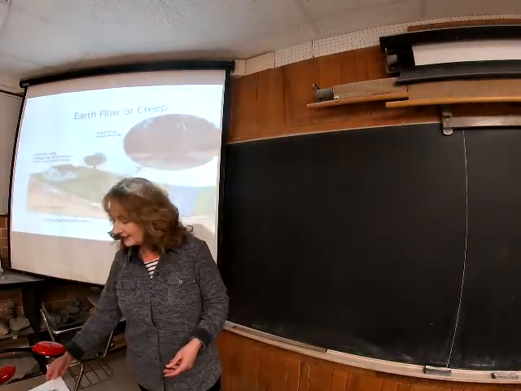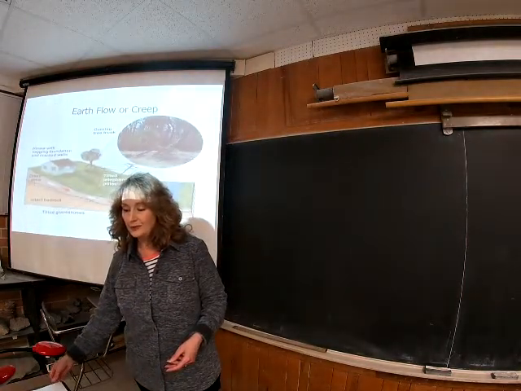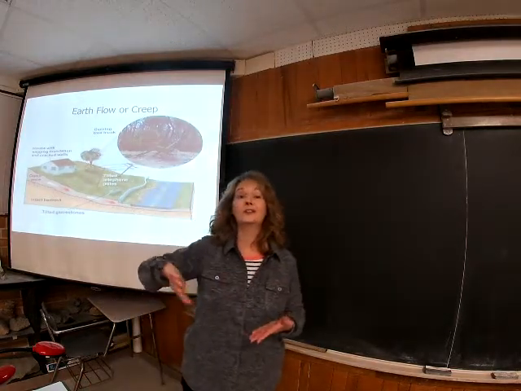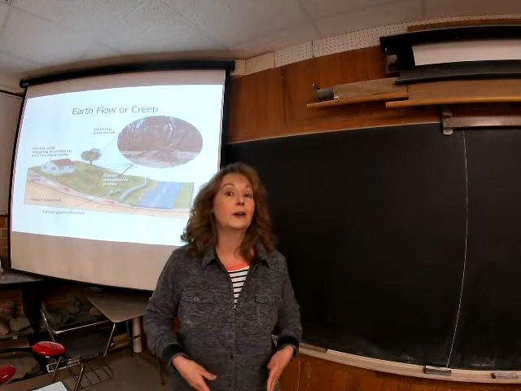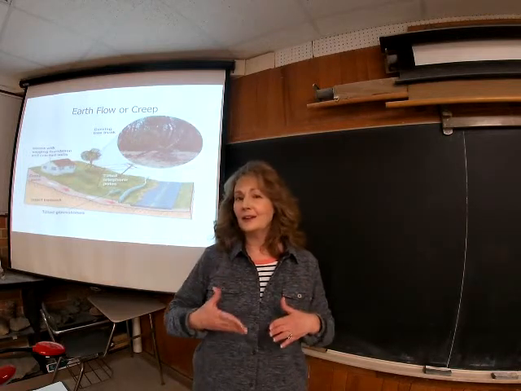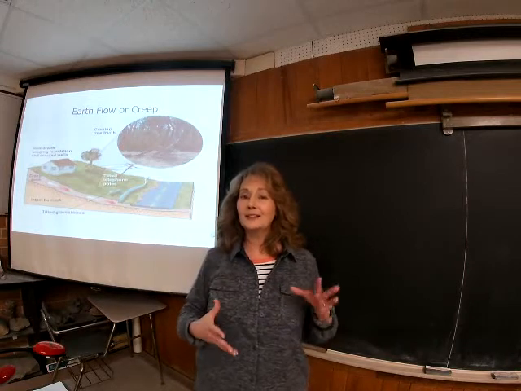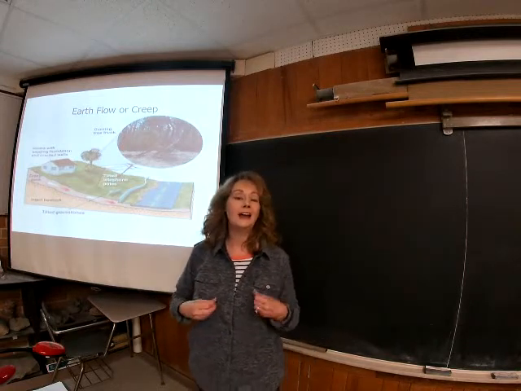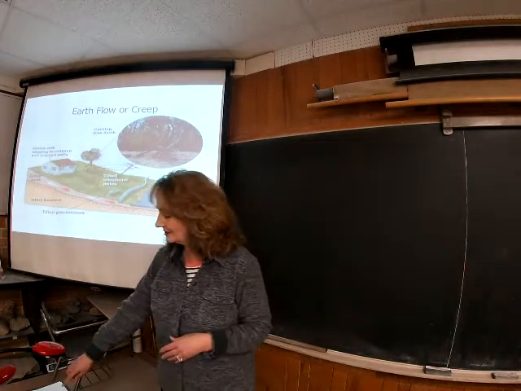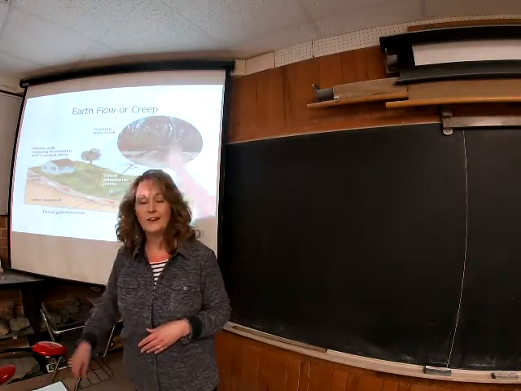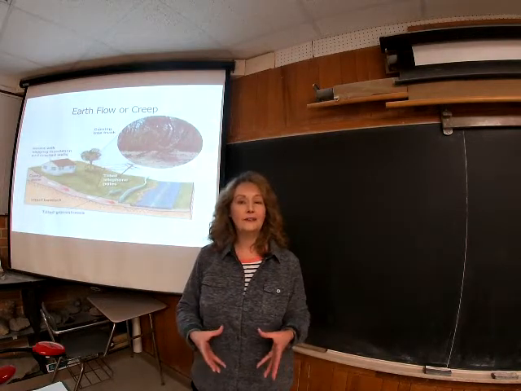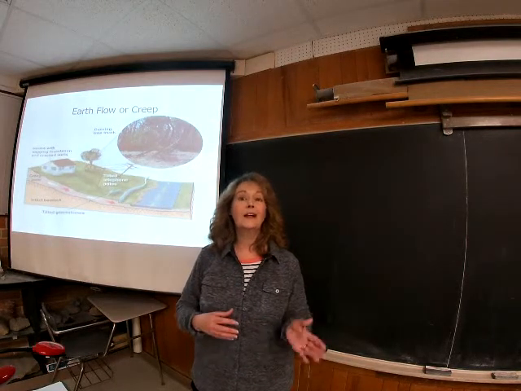Here's another one where you see a tree that has a curved trunk. A tree is going to grow straight up, towards the sun. It's not going to curve like that. So this indicates that you have had a creep or an earth flow when you see curving of a tree trunk. Another telltale sign of earth flow is leaning telephone poles.